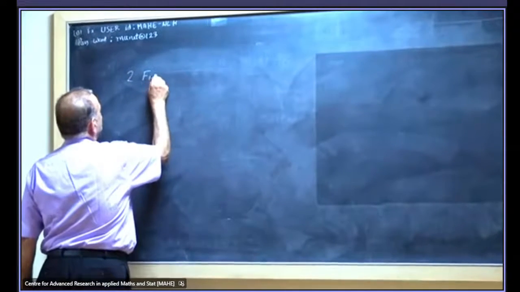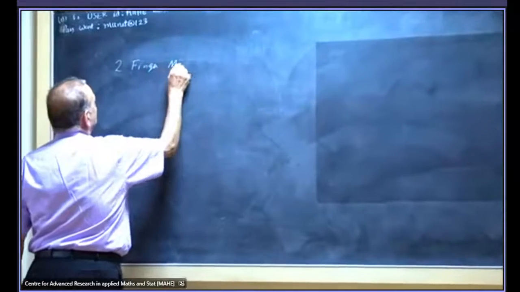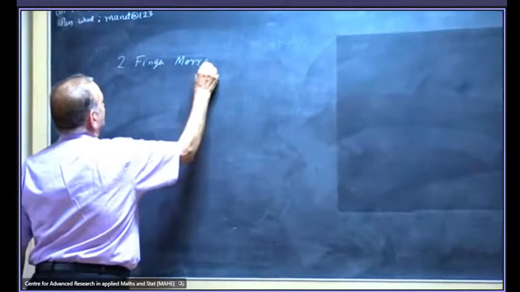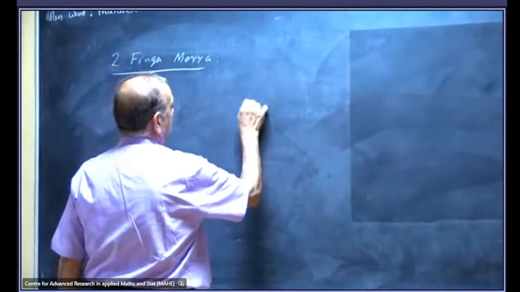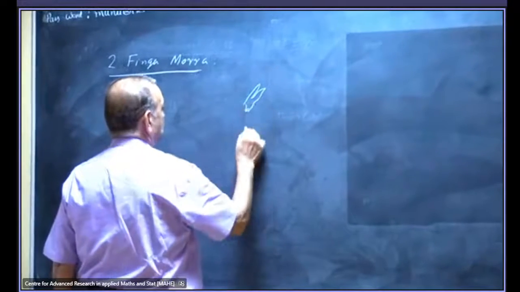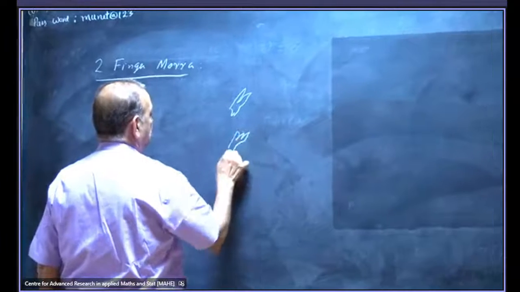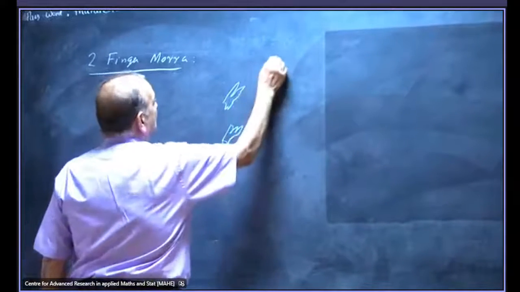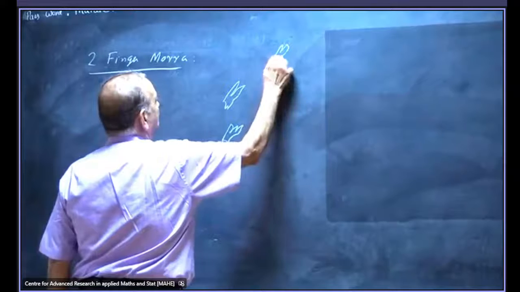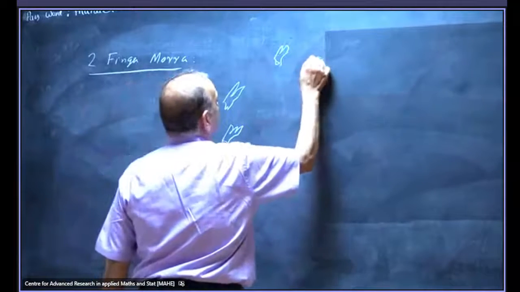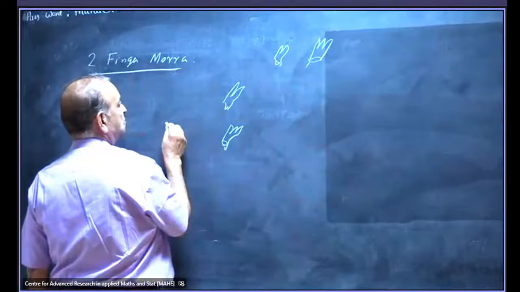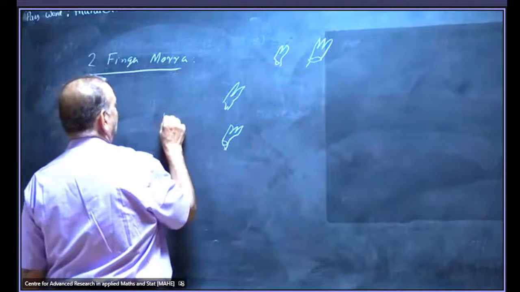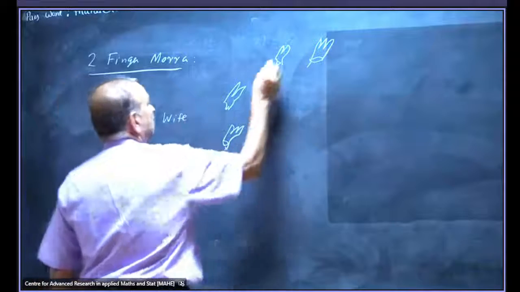This is what is called two-finger morra. Two, three, two, three. Okay. This is wife. This is husband.